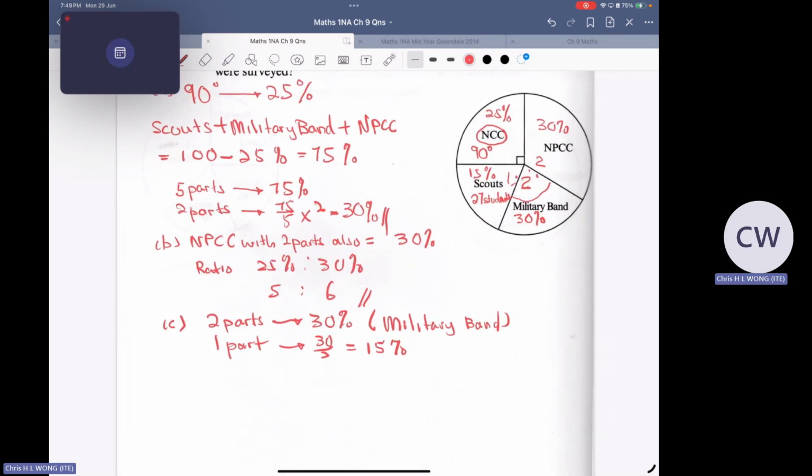So what do you see? 15% give you how many students? 27. How many percent do you need to find? 100, yeah. Whole circle, right? Whole circle is the number of students, isn't it? Find for Scout.